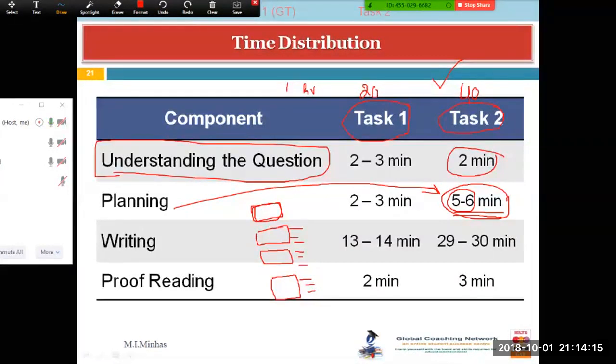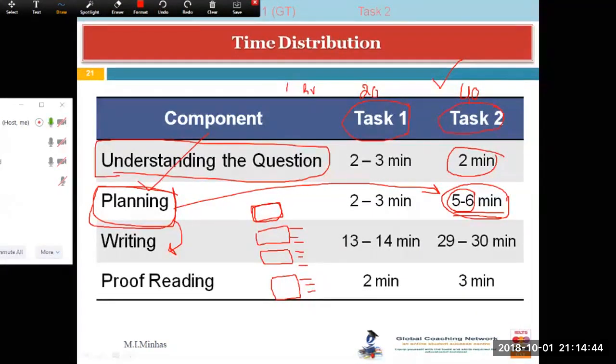I will teach you this part today in detail, and I will show you some writing examples as well. But my main focus would be planning, how to plan an essay. If this part is done, you will see yourself just after maybe 30 minutes that the rest is very easy. The rest of the game is not an issue at all.